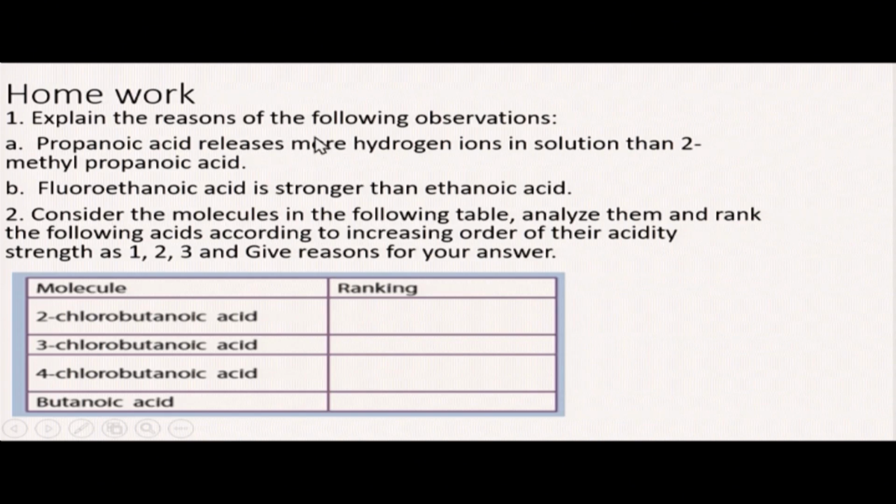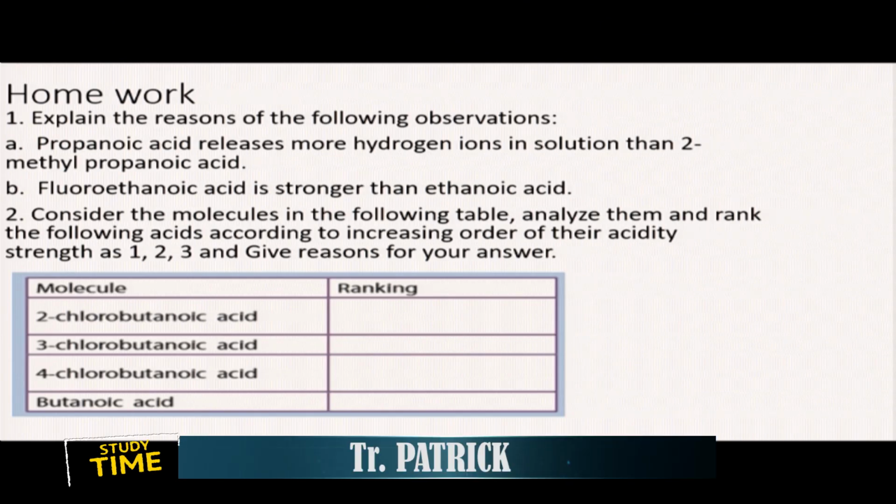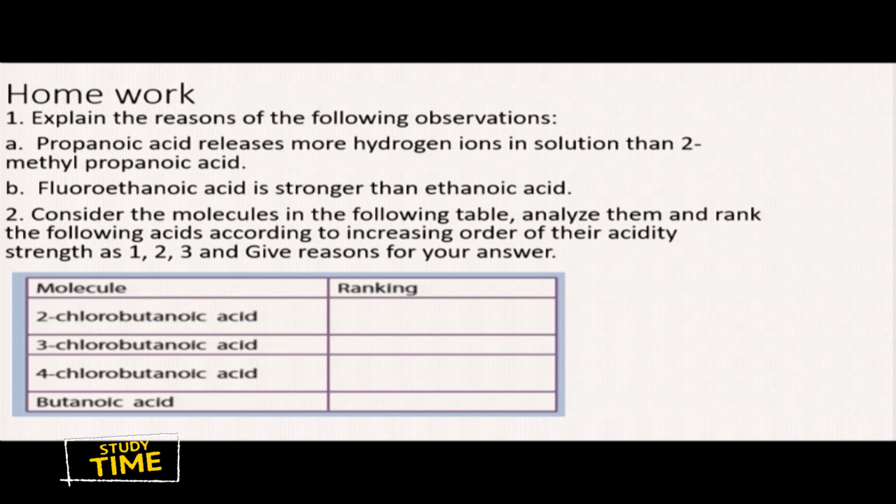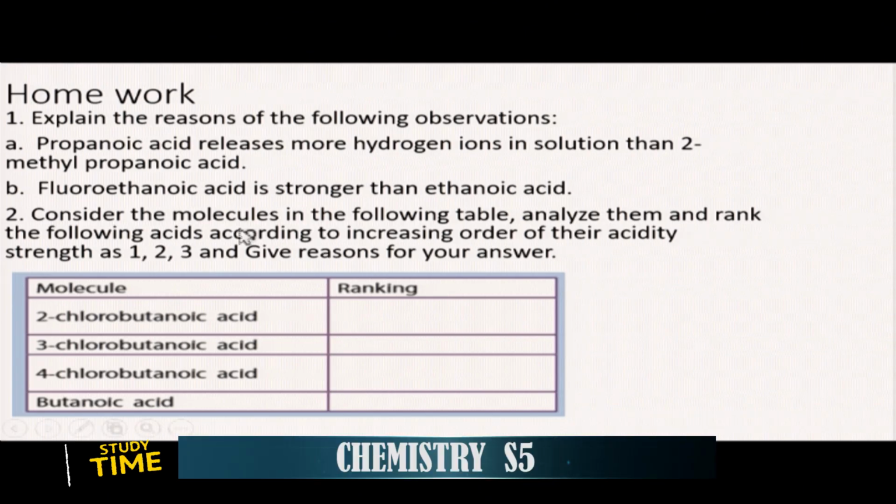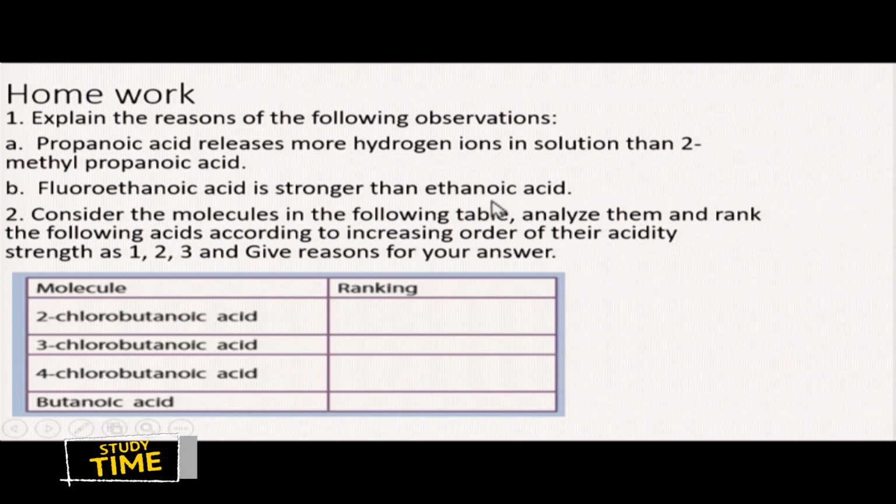Propanoic acid releases more hydrogen ions in solution than 2-methylpropanoic acid. Here you'll have to use the positive and negative inductive effects to explain this. Fluoroethanoic acid is a stronger acid than ethanoic acid, as I've just mentioned.